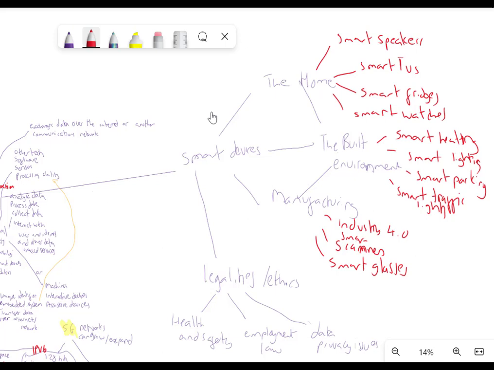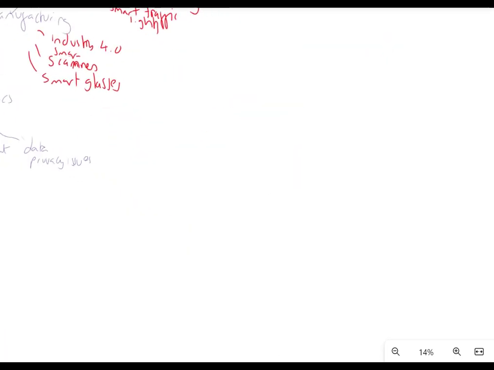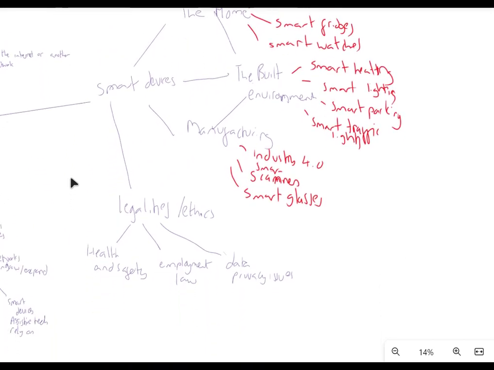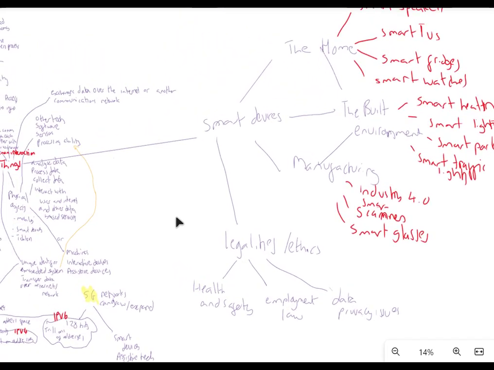Okay. Now, if we're looking at smart devices, we need to know how or what hardware is used to build them. So we need to be aware that there's a relationship between smart devices and the tech, software, sensors, processing ability, because remember, smart devices are physical objects, they're things.